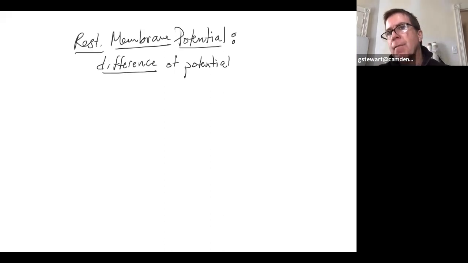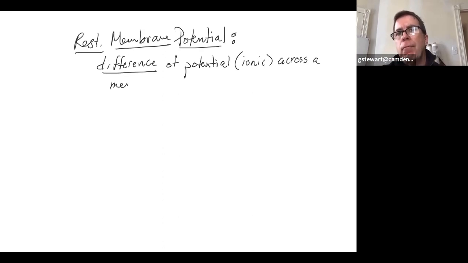In parentheses, I'm going to write ionic because it's created by those ions, potassium and sodium, across the membrane of a cell at rest.